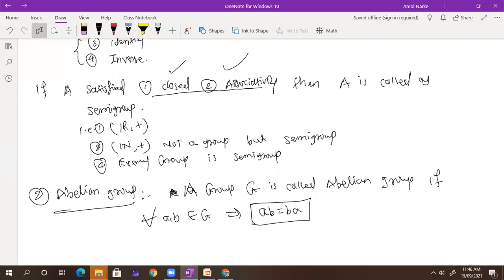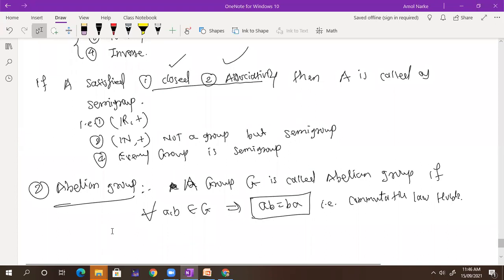Commutative law holds. What is meant by commutative law? ab is equal to ba. That's it.